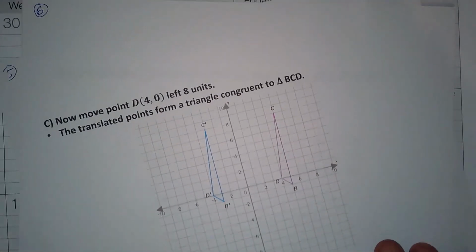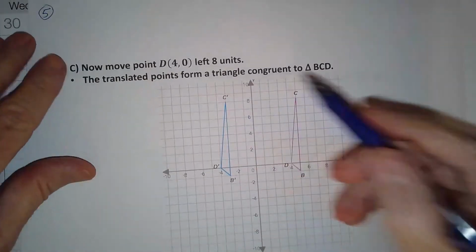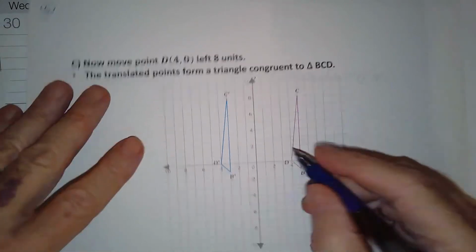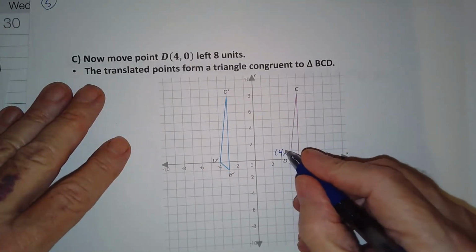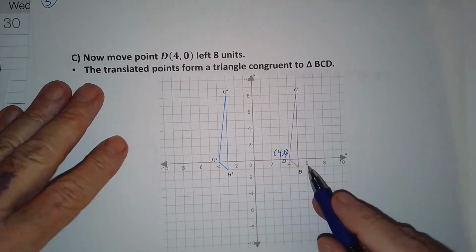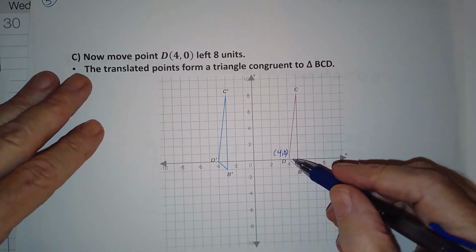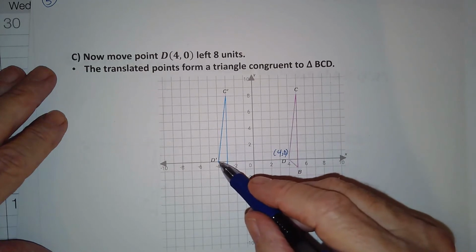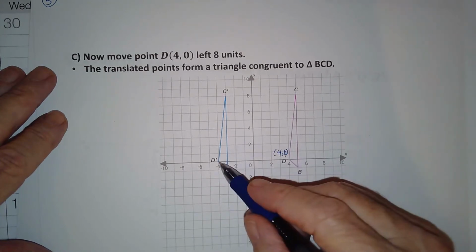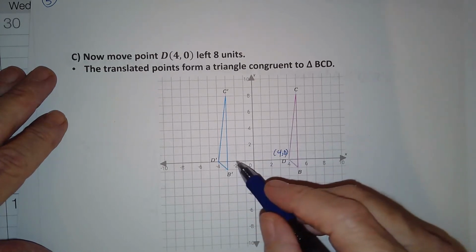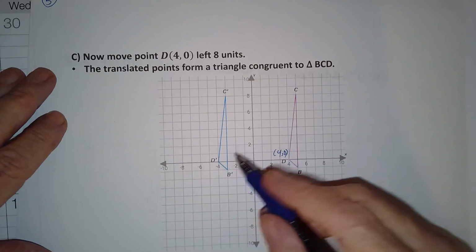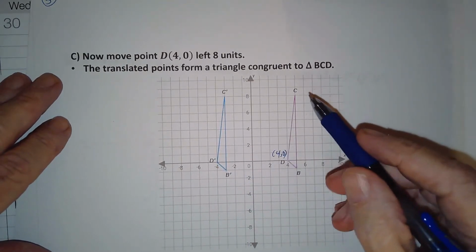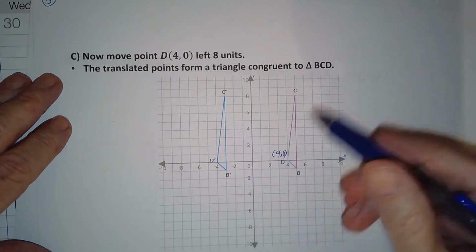Now we move D, which is at 4, 0. Here X is 4, Y is 0. And we're going to move it again 8 units. When we do that, it takes it over here to -4, going 8 units. And these are, again, 8 absolute value units. That's why we don't worry about negatives. We're just going 8 absolute value units to the left.